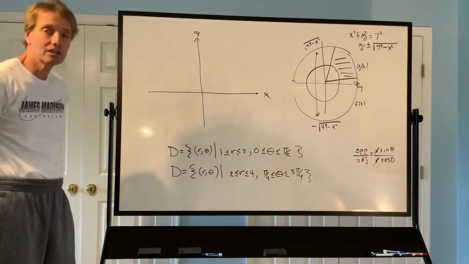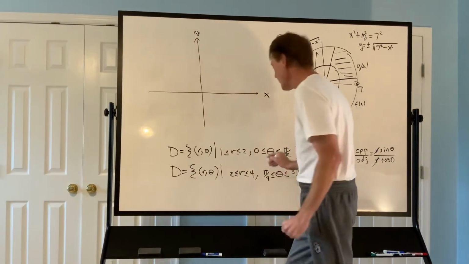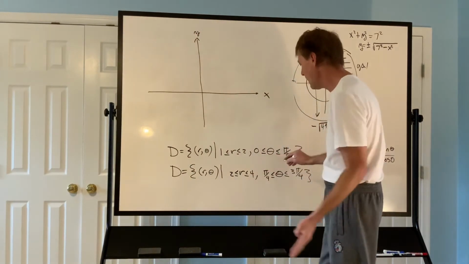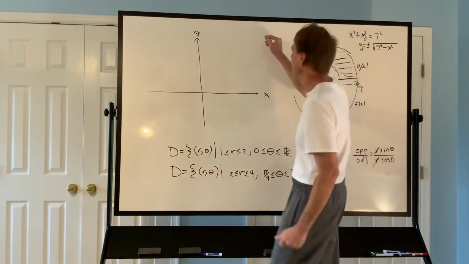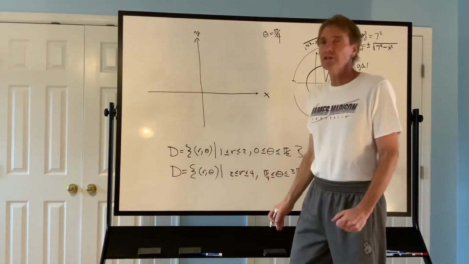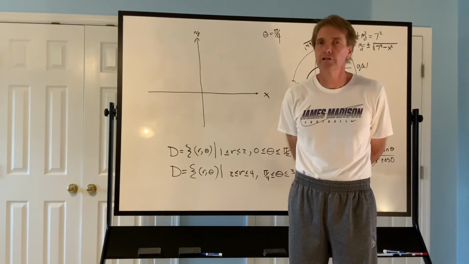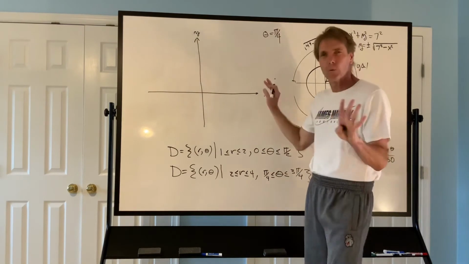So now let's have a little fun. If we're thinking about theta equals pi over 4, we can actually think of this as a curve in our Cartesian coordinate system. You're like, no, Dr. Warren, let's not do that.